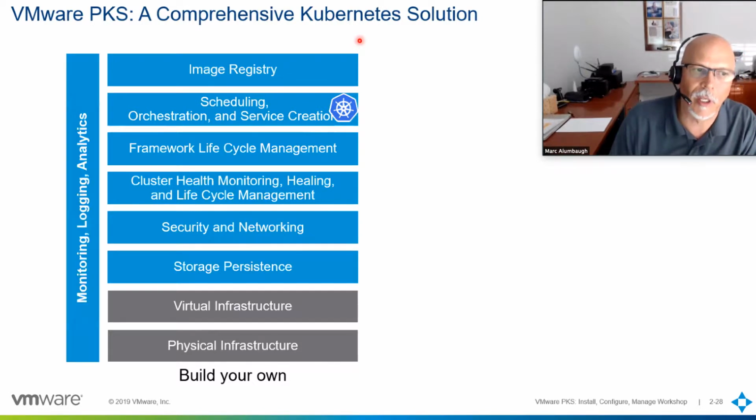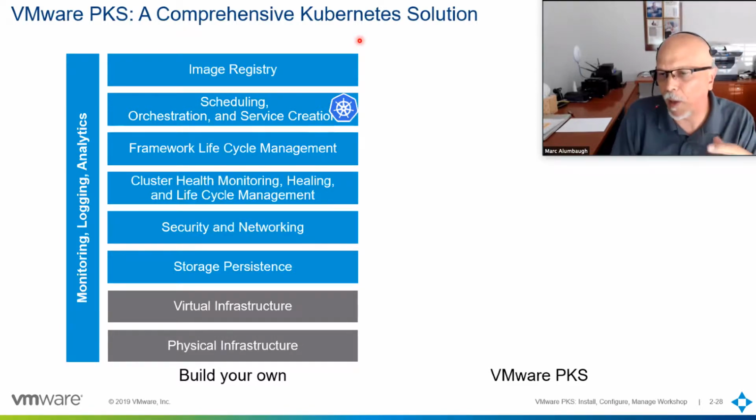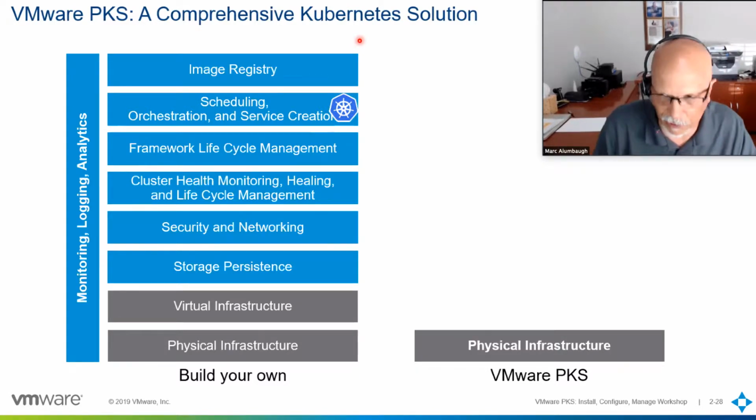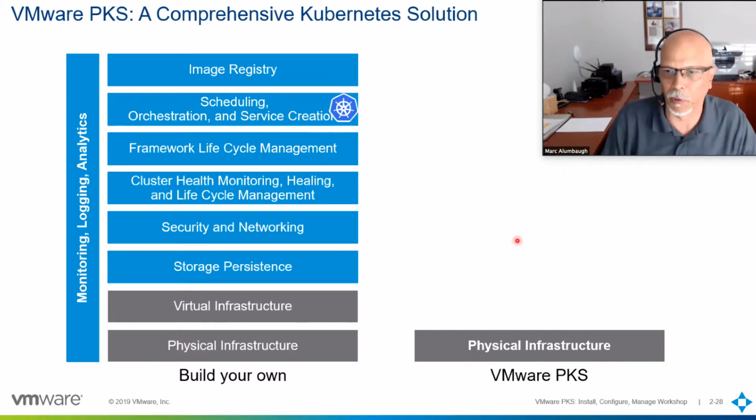And this is where Kubernetes being deployed and managed by our PKS solution comes into play. If you look on the right-hand side, you're still going to need your physical infrastructure. That's still going to be there. You need it to get CPU, RAM, networking, and disk.